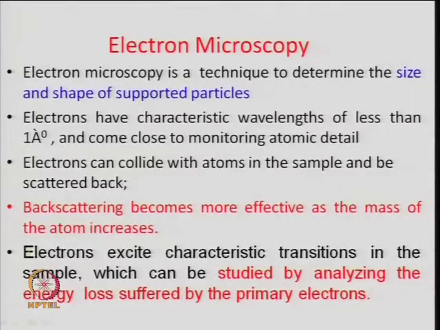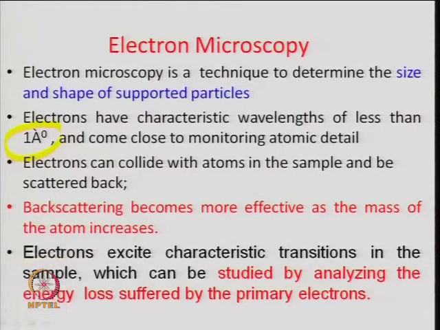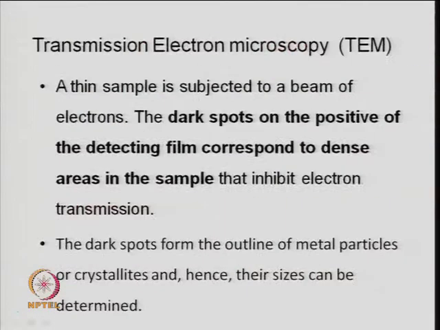Electrons have a wavelength of approximately 1 angstrom, so that energy can be calculated and based on that one can determine the surface morphology.